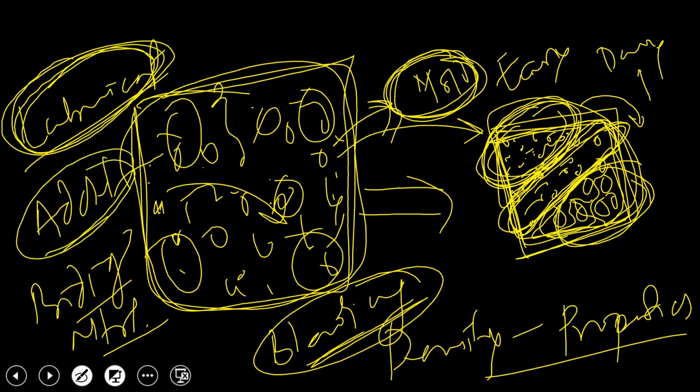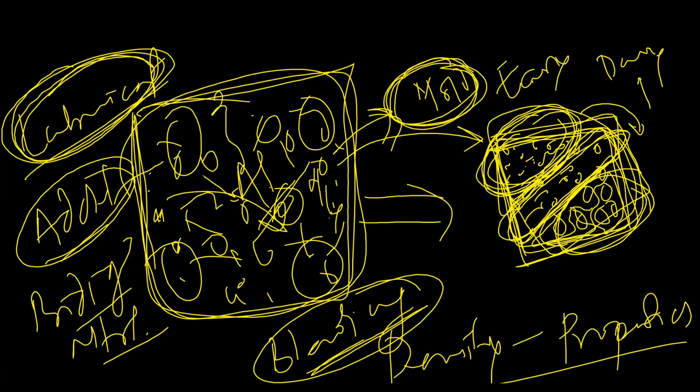If you add some additives, that is to improve the basic properties of the material. Suppose I am using aluminium as a raw material, and I want to improve its properties, then I'll add some additional alloying elements to this one, so that when you convert this into a product, those specific properties would be there. Similarly, binding materials will be added. What do binding materials do?